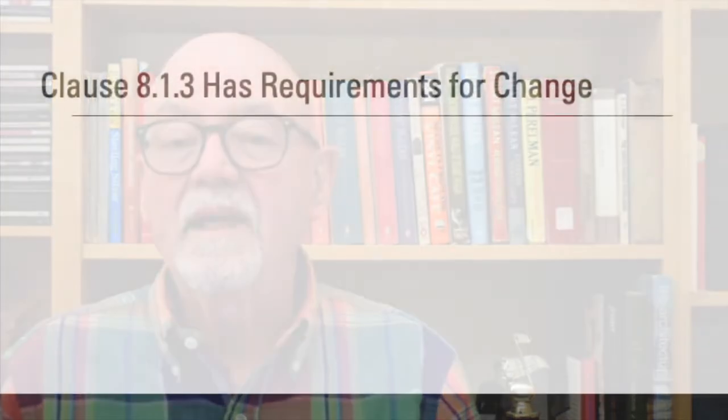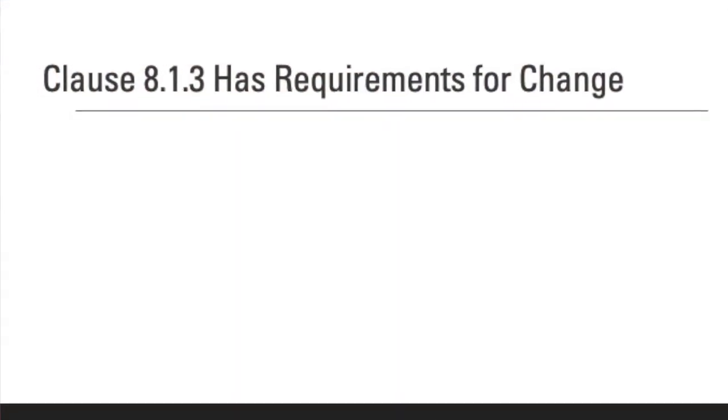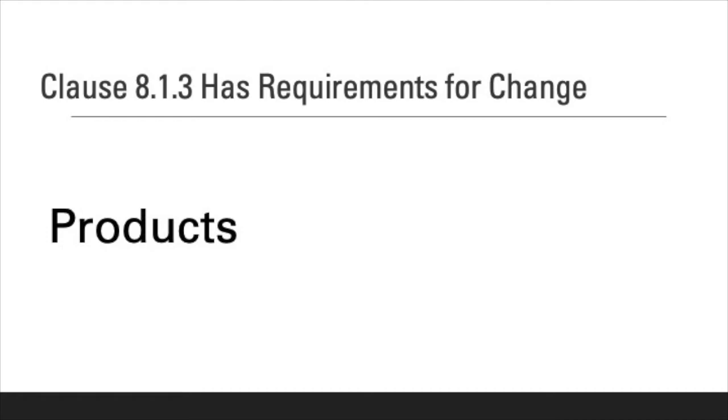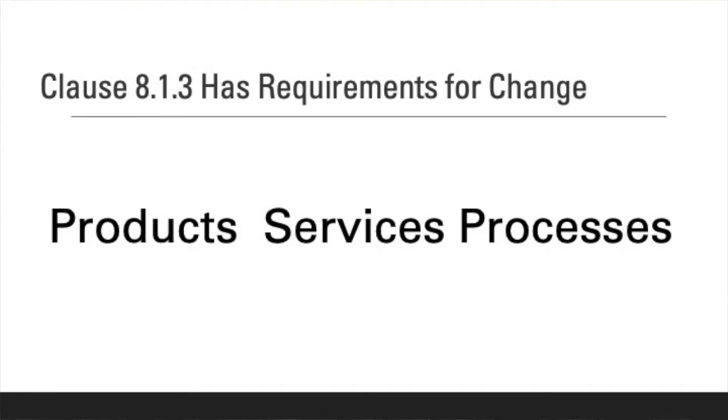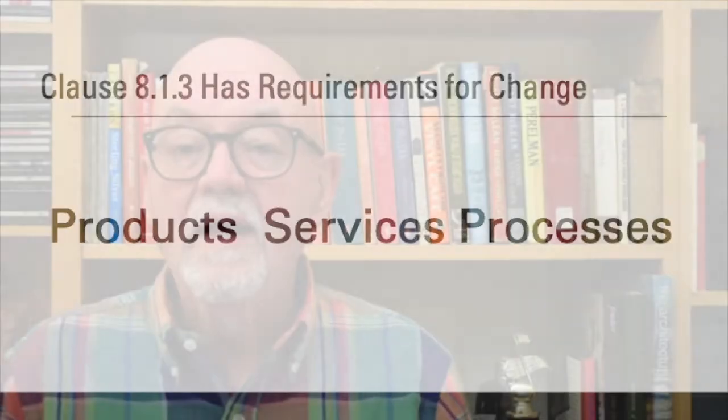Another part of the standard covers requirements for managing change. Change to products, change to services, and changes to processes. Another thing to keep in mind are perhaps changes to legal requirements, knowledge requirements, developments in knowledge and technology, especially with artificial intelligence coming along.